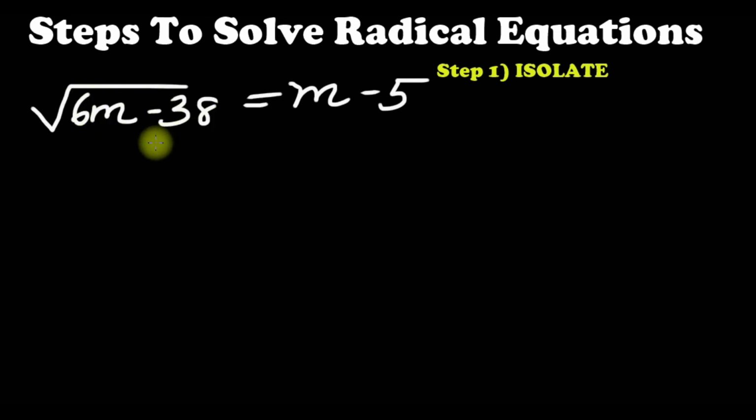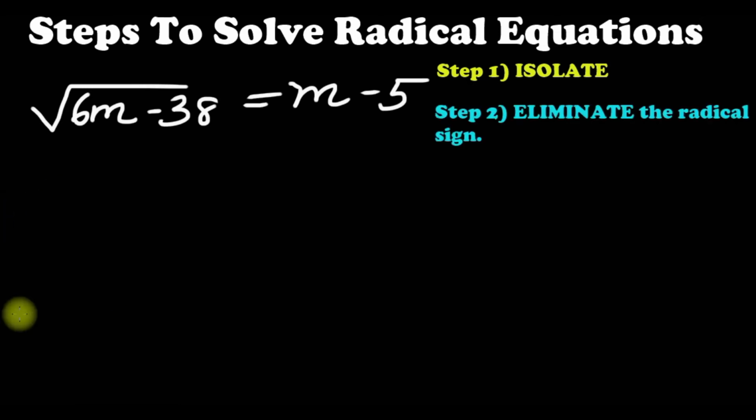No need to do anything here because the square root is all by itself on one side of the equal sign. And then step 2 is to eliminate the square root. Since it is a square root, we would have to square it, and we would have to square this whole thing.